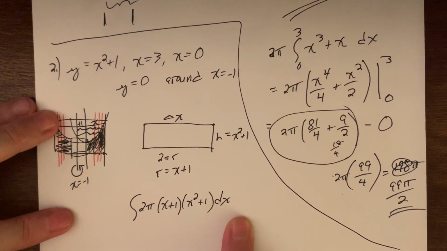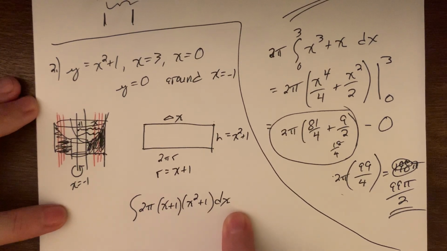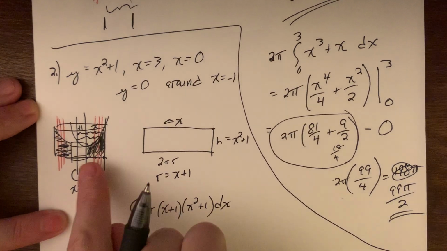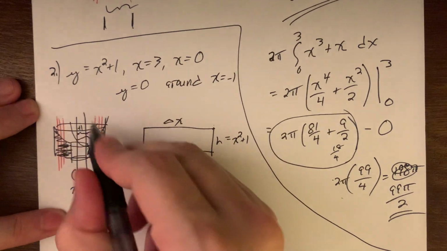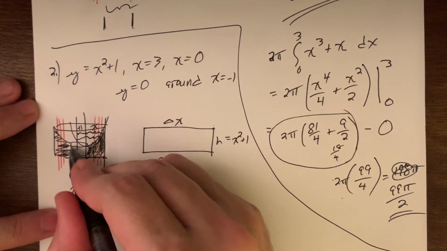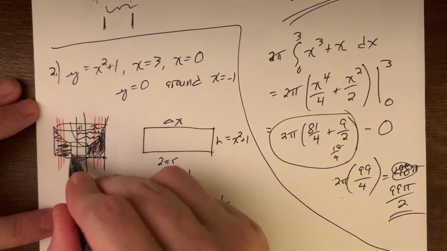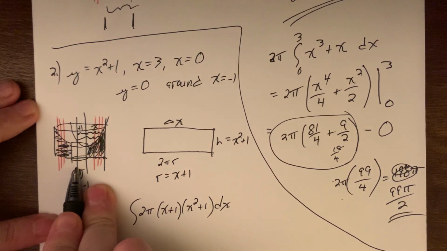How about my bounds? Well, my bounds are still x's, but what do I actually have to peel? Now here, this is where we don't peel something that's just completely open. Up here, we could talk about where there was space here, but it was solid down here. But this in here, this is just completely empty, open space. So where do we peel?